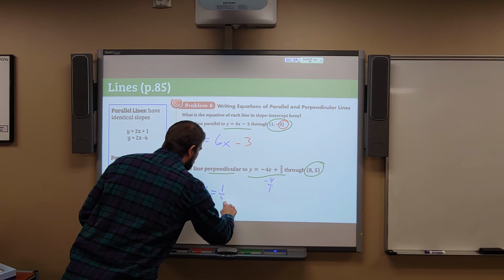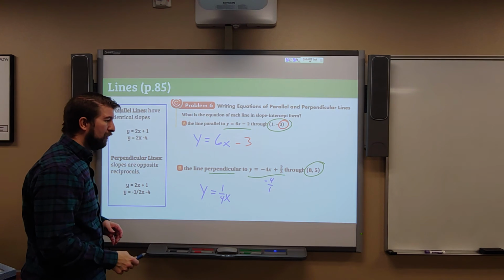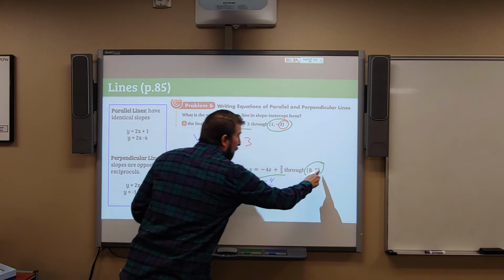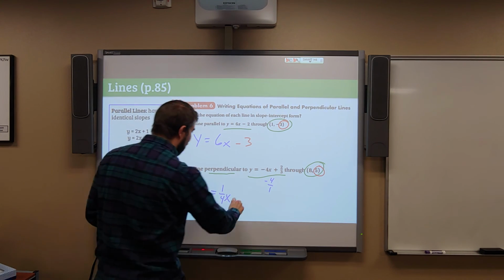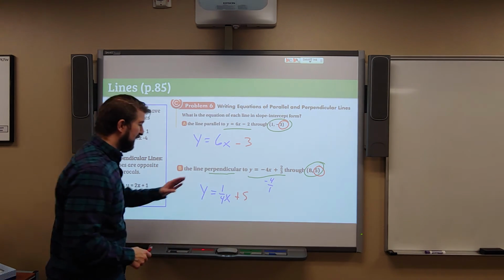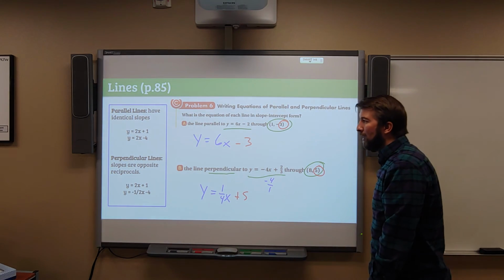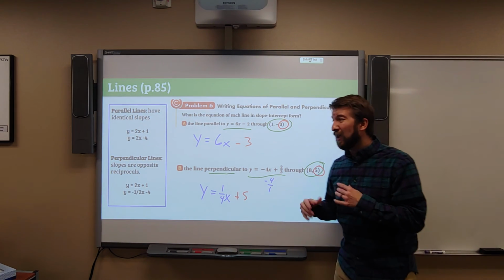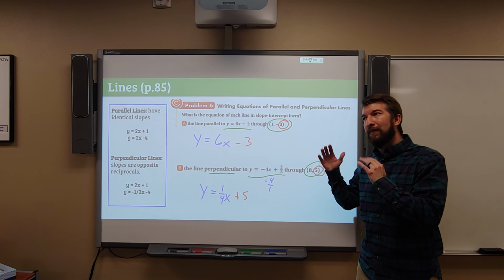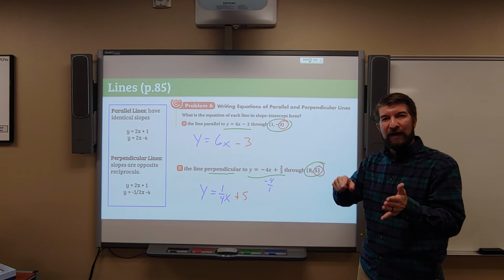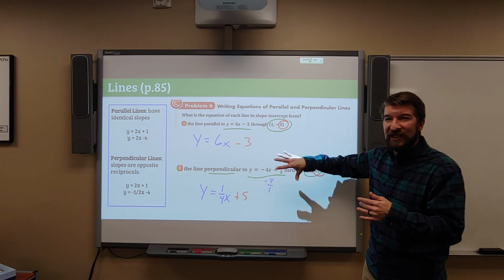So I'm going to write this as 1/4 x. And then my y-intercept is going to be that 5. And so this line is perpendicular to that line. This concept can be a little confusing, so if you're confused, just pause it, rewind it a minute or two, and watch this explanation again.